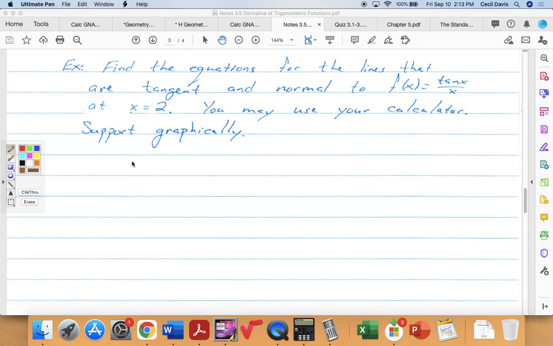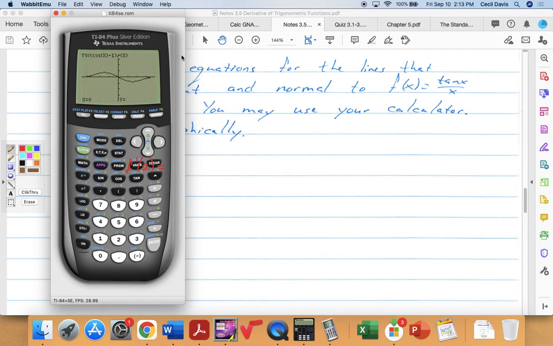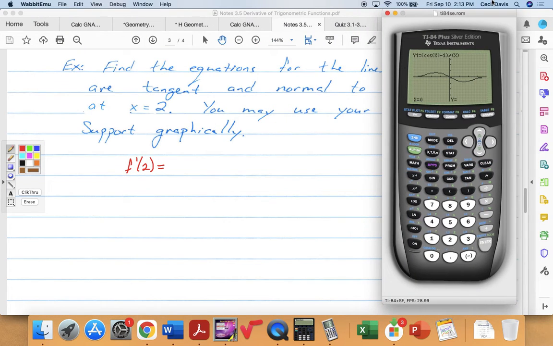Okay, so I want to know, what is f prime at 2? While I could use the quotient rule and do that, I'm going to have to use a calculator anyway. One of the 4 things you're supposed to be able to do on a calculator is find the numeric derivative at any given point.